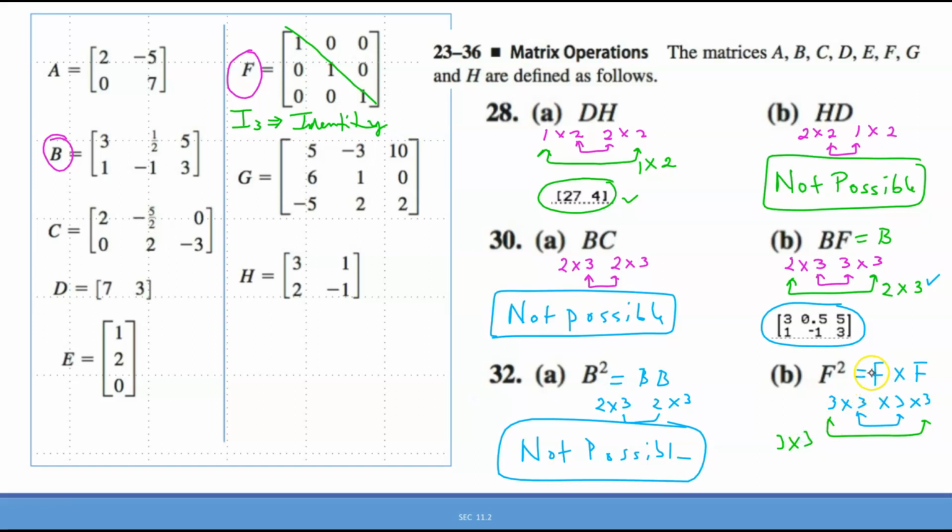Remember, this acts like 1 because F is a special matrix, the identity matrix. What happens if we take 1 times 1? We're going to get 1. So here we're going to end up with just F. We'll put that in our calculator, and that's going to come out with 1, 0, 0, 0, 1, 0, 0, 0, 1. I'll leave that to you to verify, but I know that that's correct.